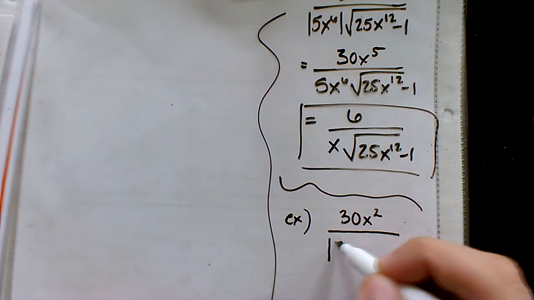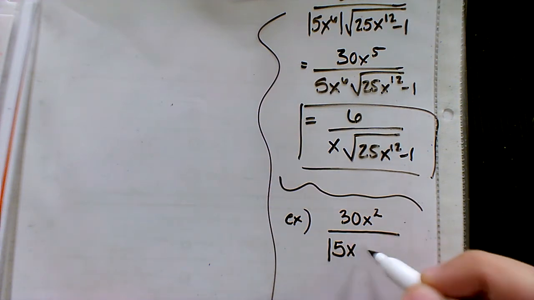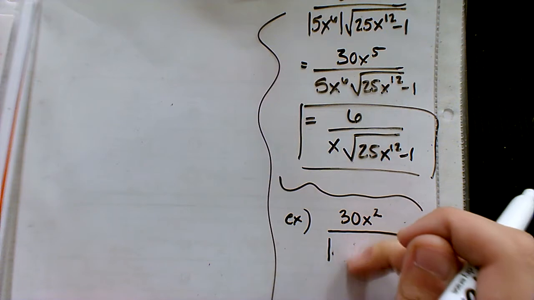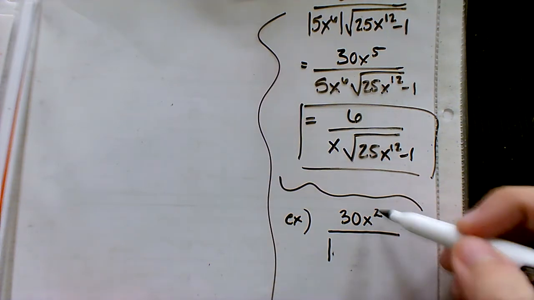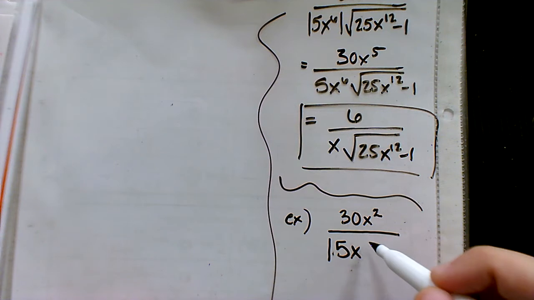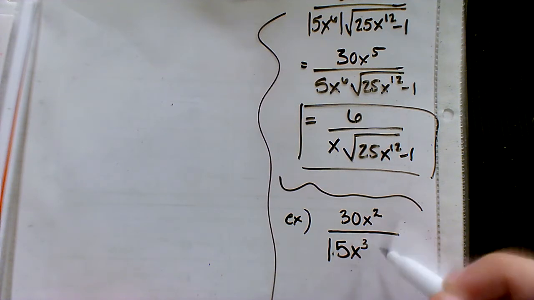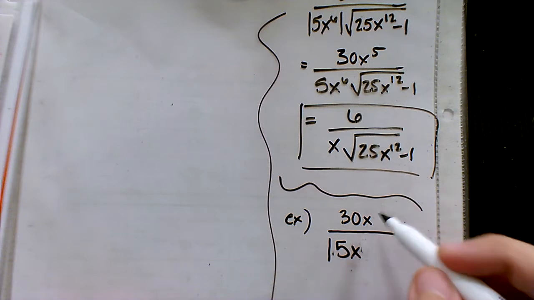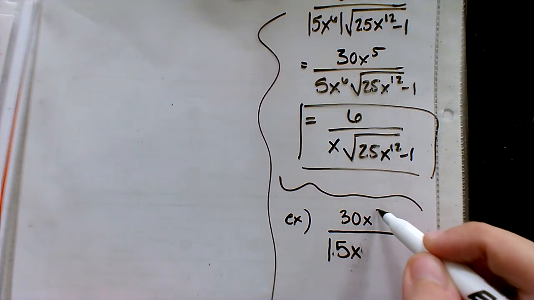So then this would be 5x. I've got to think backwards here. We'll do this one just as a third. I don't know if this will ever happen, but let's just think about it anyway.